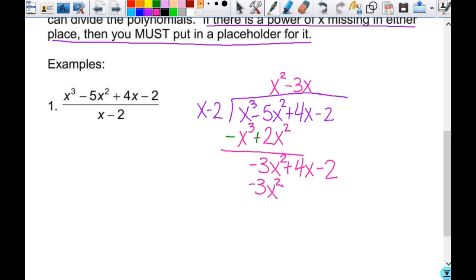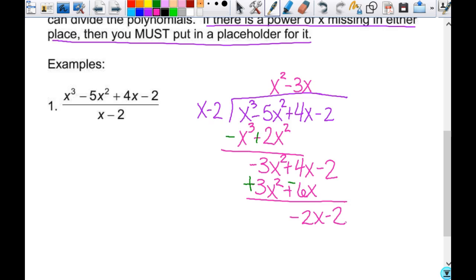Negative 3x times negative 2 is positive 6x. So then I subtract and then bring down. So I change all the signs. So that's going to give me negative 2x minus 2.